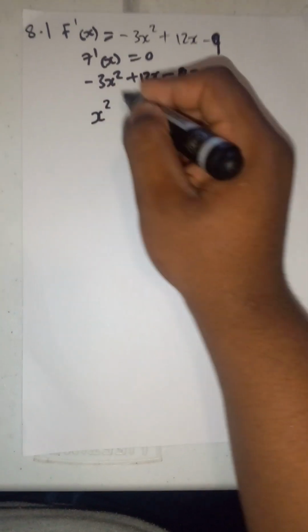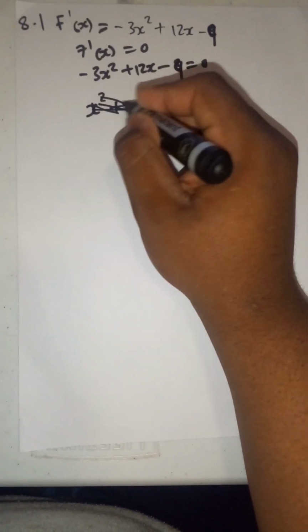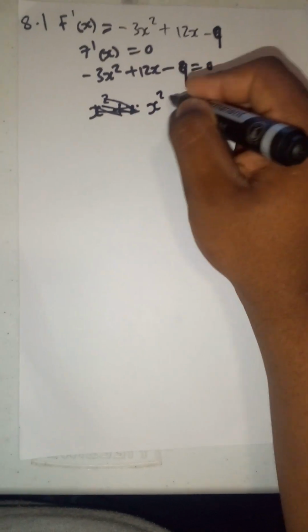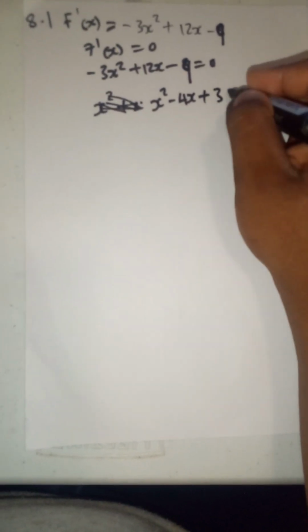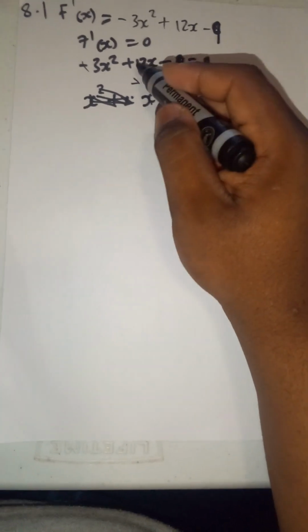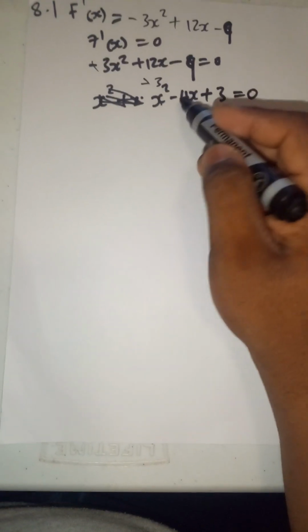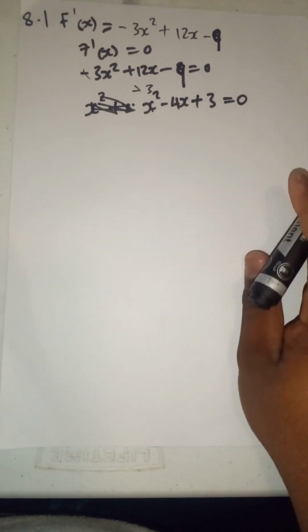So let me divide everything by negative 3, so that I'll be simplifying it to x squared minus 4x plus 3 is equal to 0. Negative and a negative make a positive, and a positive divided by negative gives us negative 4. Negative over negative gives us a positive.